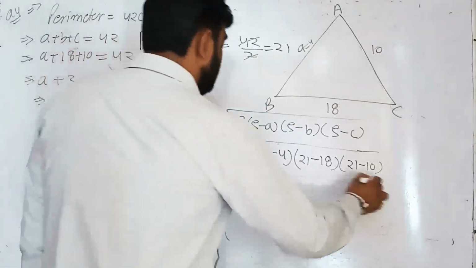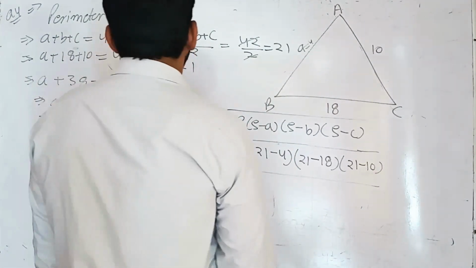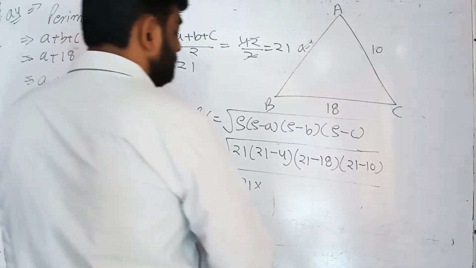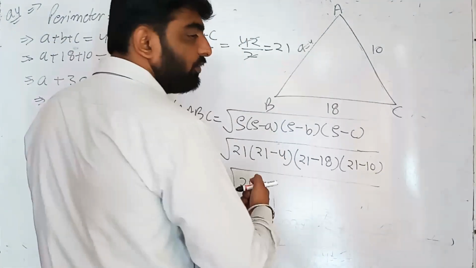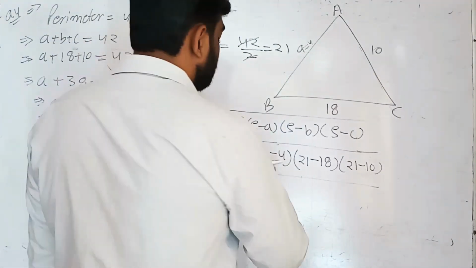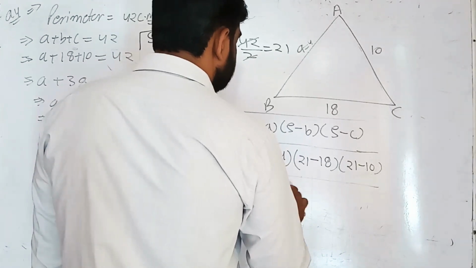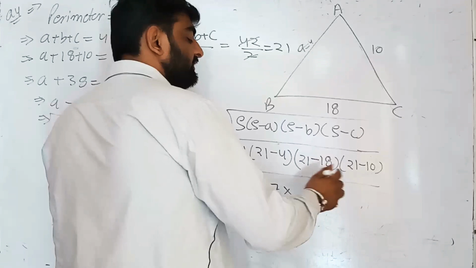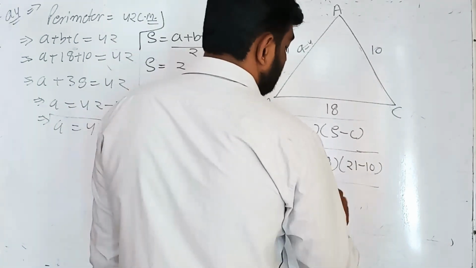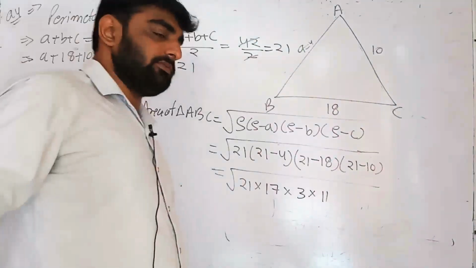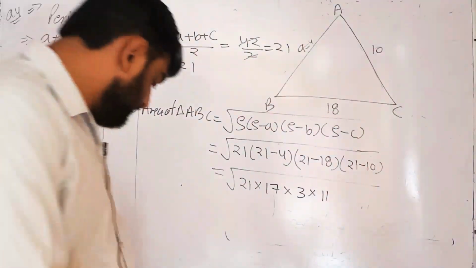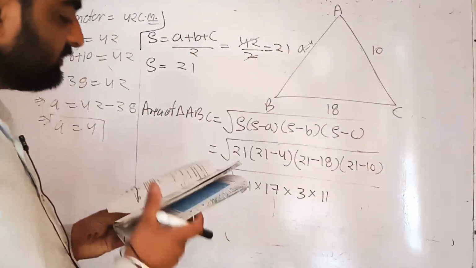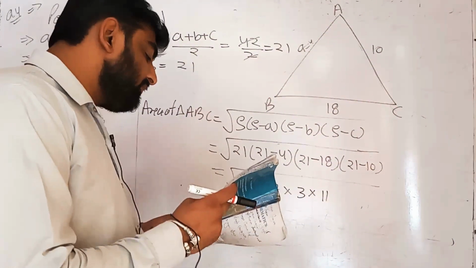So 21 minus 14 is 7. 21 minus 18, that is 3. Here we have 11, students. I think we first have to check the questions: 18, 10 and 42.